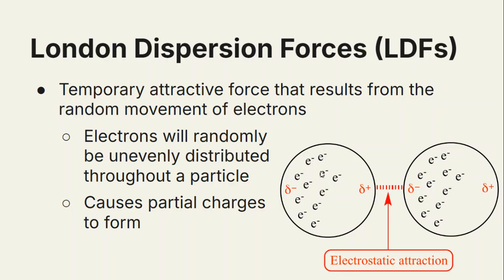And when you have more negatively charged electrons on one side versus the other, you form these partial charges. So the side that has the more electrons will have a slightly negative charge, and the other side that has less electrons will have a slightly positive charge. And this just randomly happens.